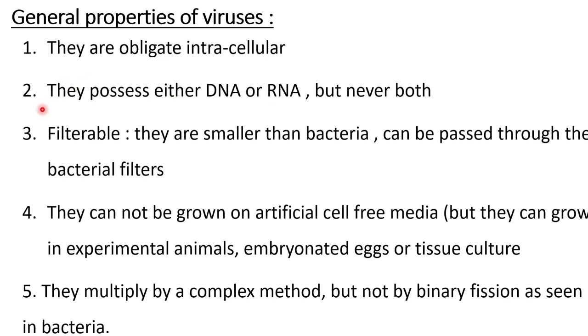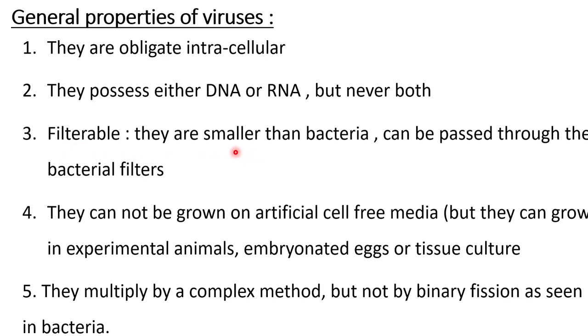So depending upon the type of nucleic acid or genetic material present in the virus, they can be classified into DNA viruses and RNA viruses. There are various DNA viruses, a variety of RNA viruses, but both DNA and RNA will not be there in the same virus. And the third property is they are filterable.